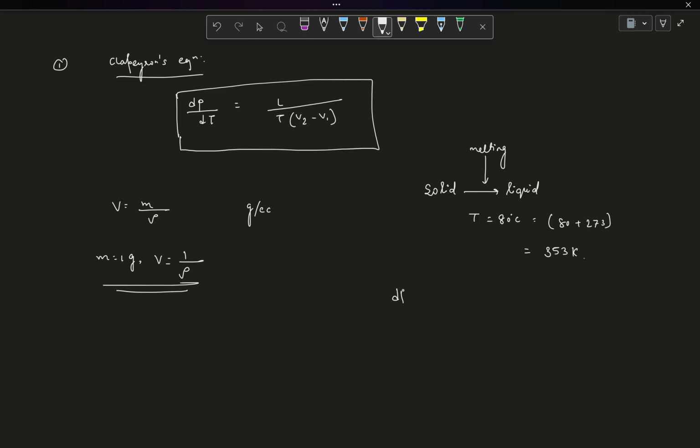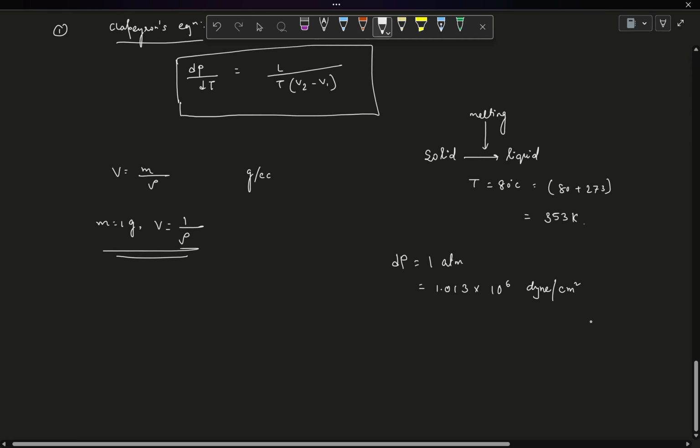Now your change in pressure is dP, which is 1 atmosphere. If you convert this into CGS units, this is 1.013 into 10 to the power of 6 dyne per centimeter square. This is in CGS unit.